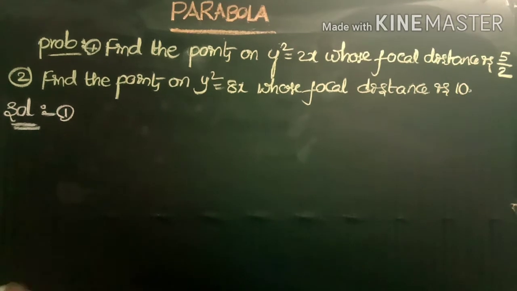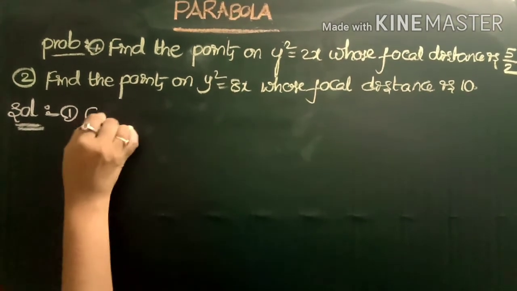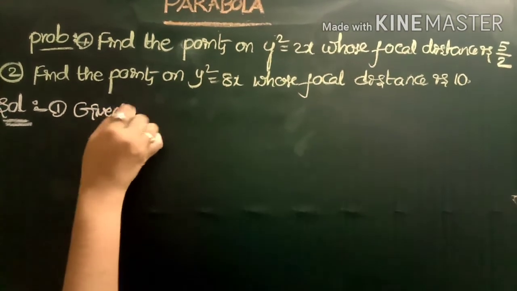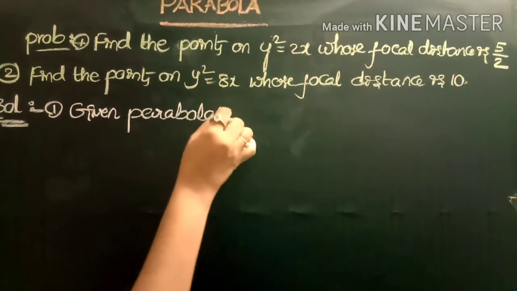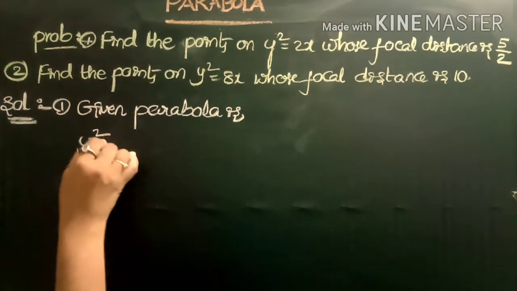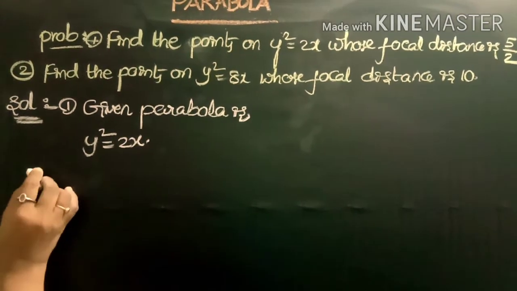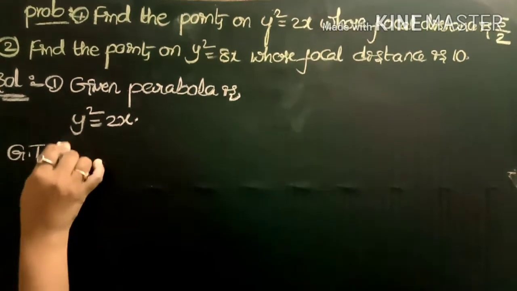So first we are solving the first problem here. Given parabola is y square is equal to 2x. Given that focal distance is equal to 5 by 2.